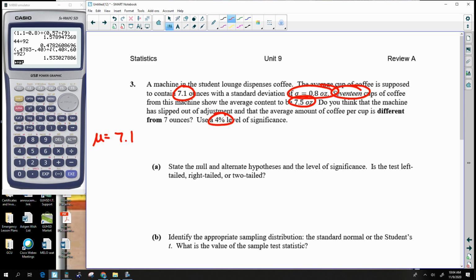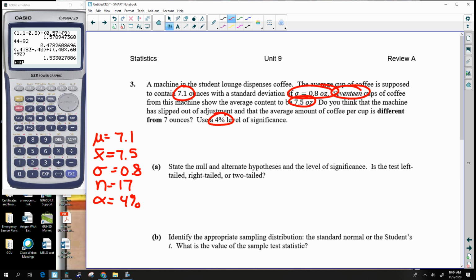Switch this up, I'm sorry. Our sample average was 7.5. Our standard deviation in this case is 0.8. Sample size was 17 cups, and alpha is 4%.